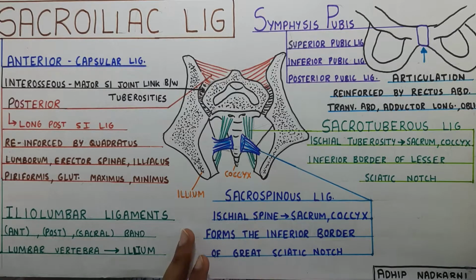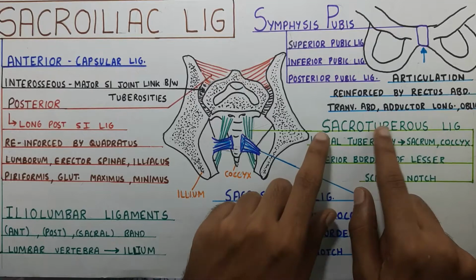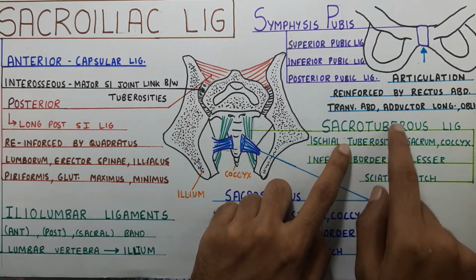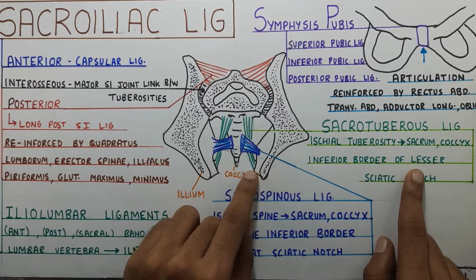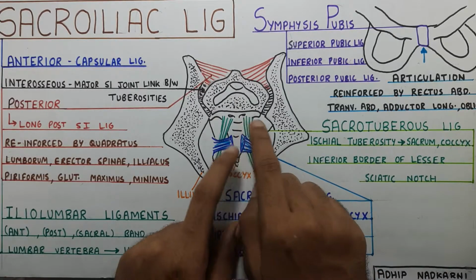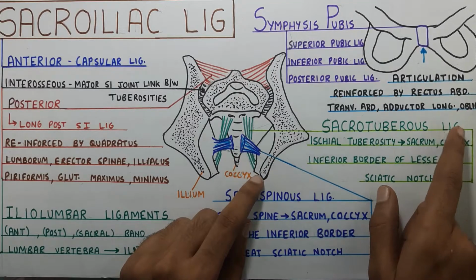Going ahead, there are the sacrospinous and sacrotuberous ligaments. Sacrotuberous basically starts from the ischial tuberosity, that's why it's called tuberous, and goes to the sacrum and coccyx. So the ischial tuberosity is over here. From here it comes and goes to the sacrum, and some part attaches to the coccyx. So that is the sacrotuberous ligament.